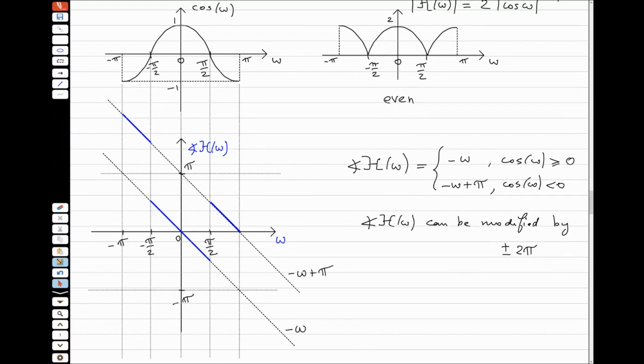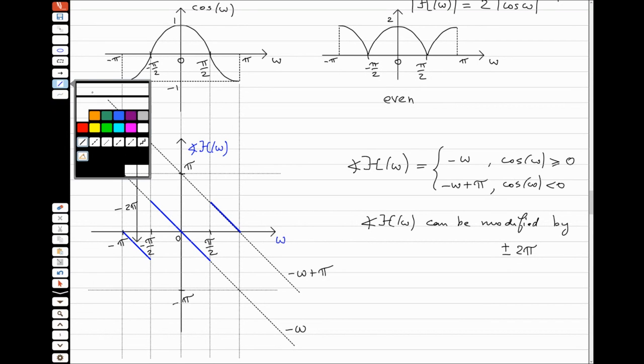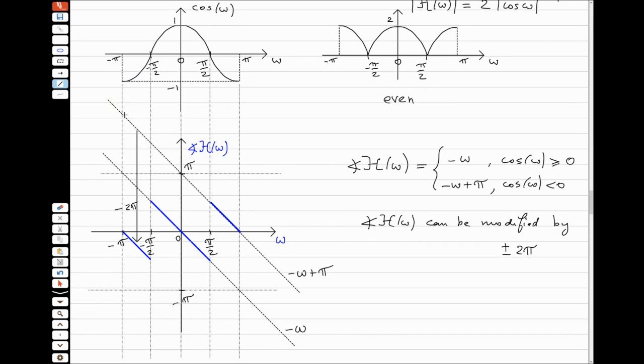So this segment is shifted by 2 pi. And now everything is between minus pi and pi.